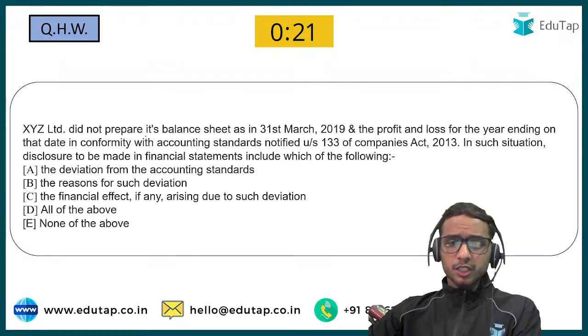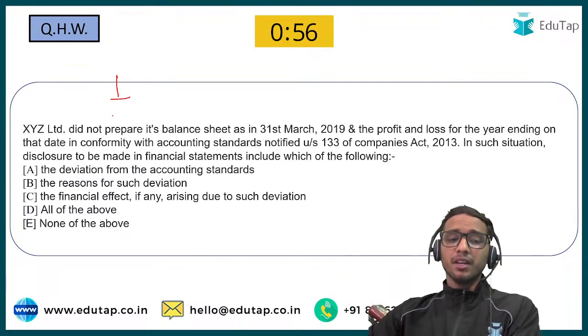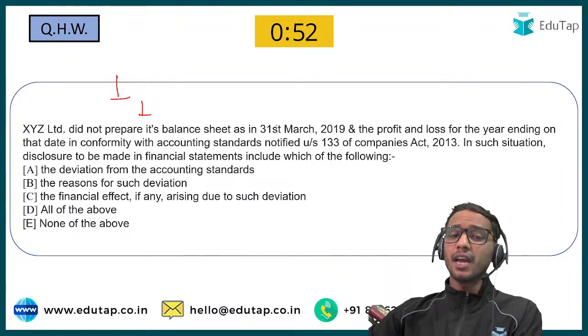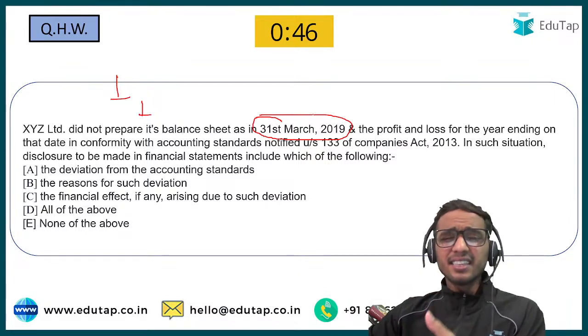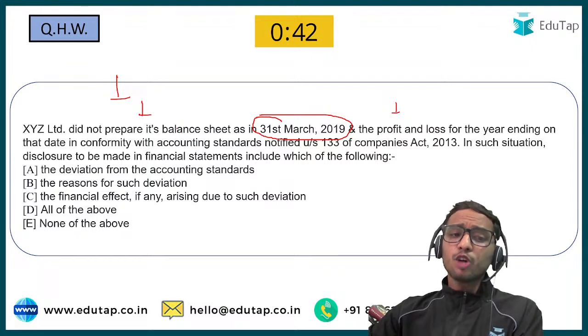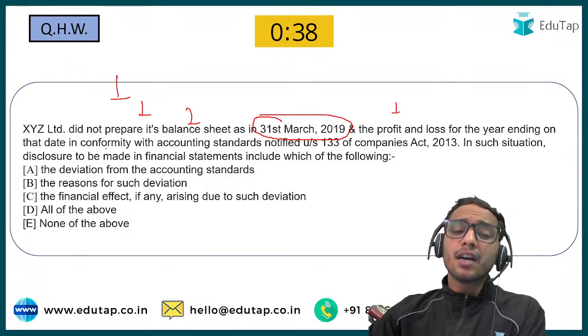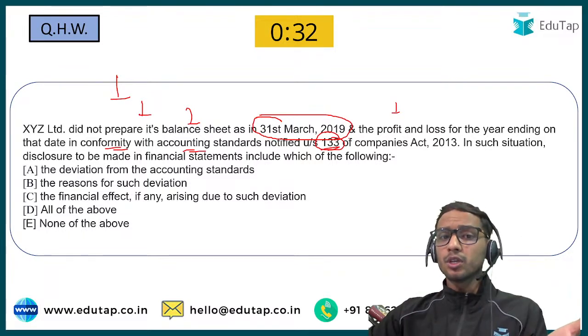Now, this question you have to give me the answer in the comment section. It says XYZ Limited did not prepare its balance sheet as on 31st March 2019, and that is your balance sheet as well as P&L. And it did not prepare this balance sheet or financial statement in conformity with the accounting standards stated under section 133. Why have I come up with this question?